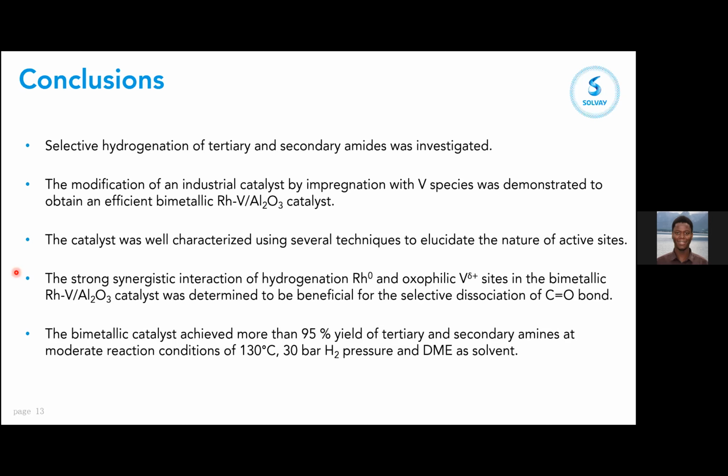We believe that the strong synergetic interaction of the hydrogenation rhodium metallic site and the oxophilic vanadium site in the bimetallic catalyst is beneficial for the selective dissociation of the carboxamide functional group. And the bimetallic catalyst can achieve more than 95% yield of tertiary and secondary amide at rather moderate reaction conditions compared to the prior art of copper chromium based catalysts.